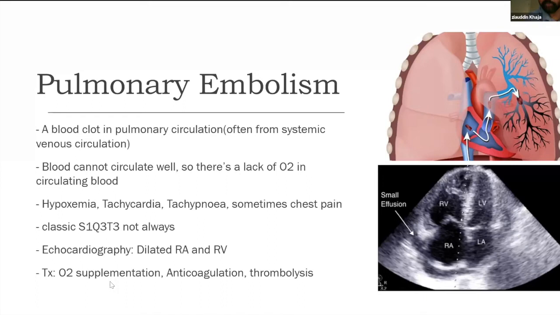It comes with shock. Yeah, agree. And if it's with shock, then it's a massive PE. Any more questions? Is this clear? So basically, the idea is that a PE can present with acute shortness of breath, and this is a brief synopsis of that. Okay, we'll move to the next one.